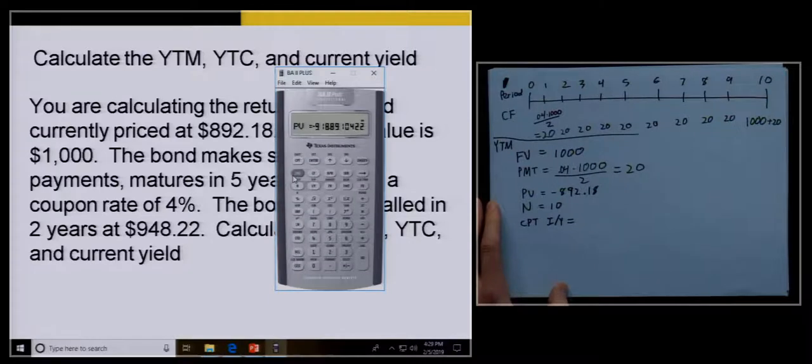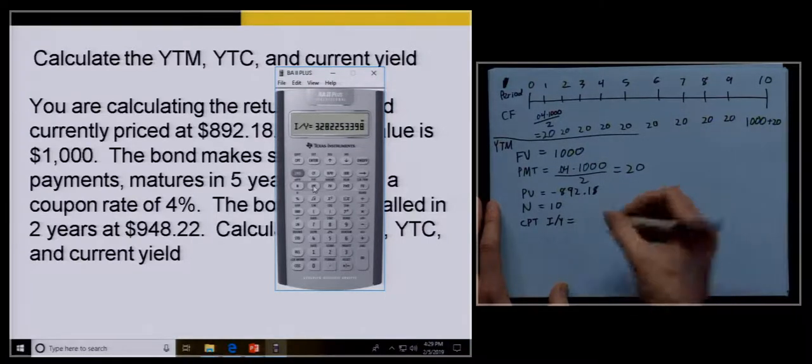So I'll clear out our BA2 and enter our information. Our FV is 1,000, our PMT is 20, our PV is negative 892.18, and our N is 10. And let's compute our I/Y.